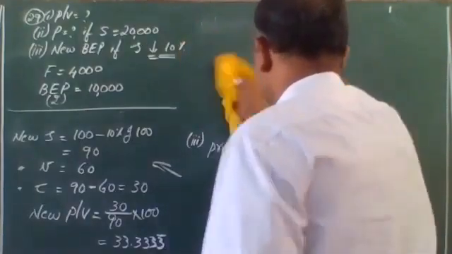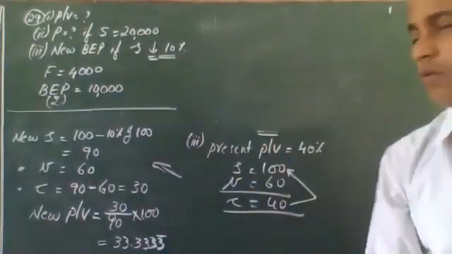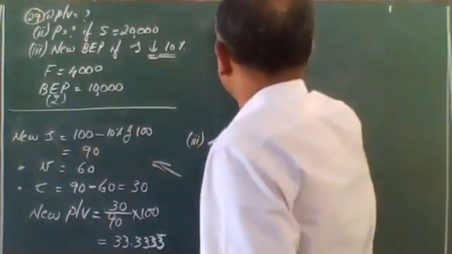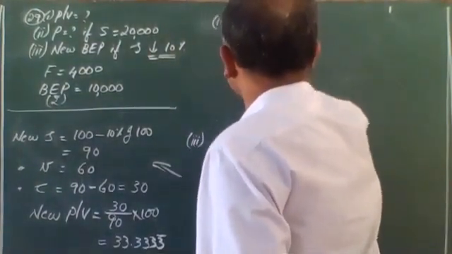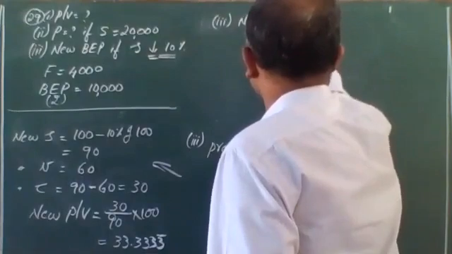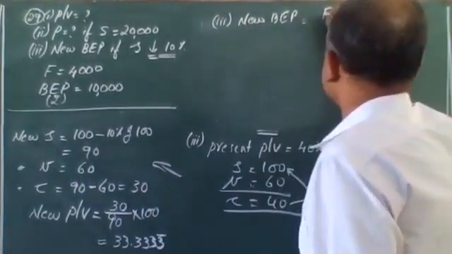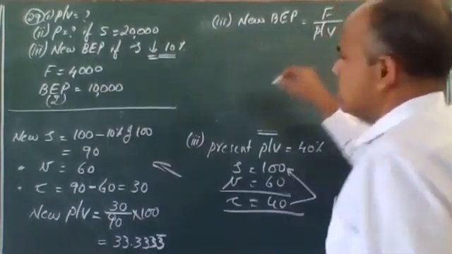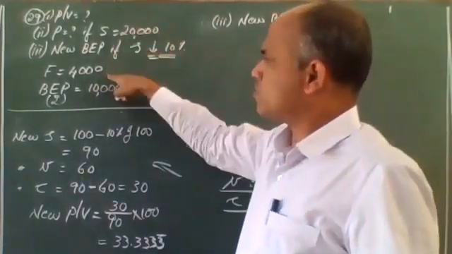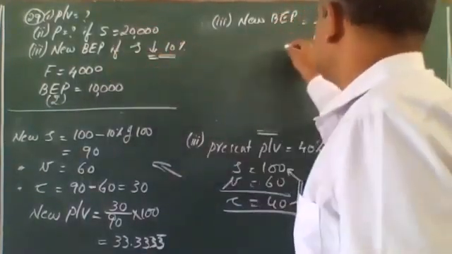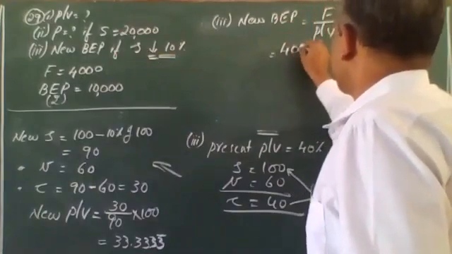So what is the new break-even point? We know break-even point is nothing but fixed cost by PV ratio. Is there any change in the fixed cost in the question? Answer is no. I will take fixed cost as 4,000.